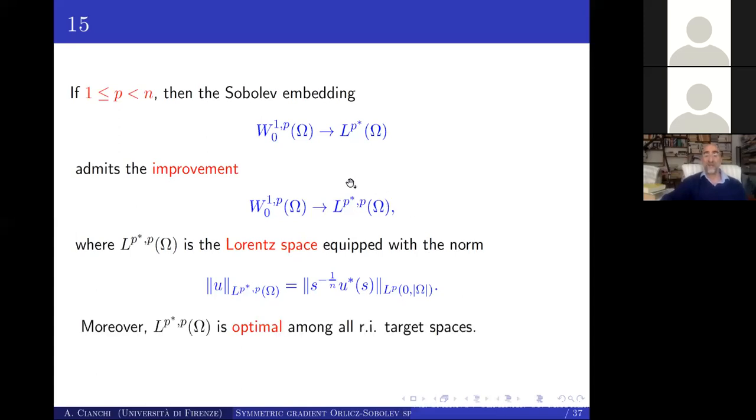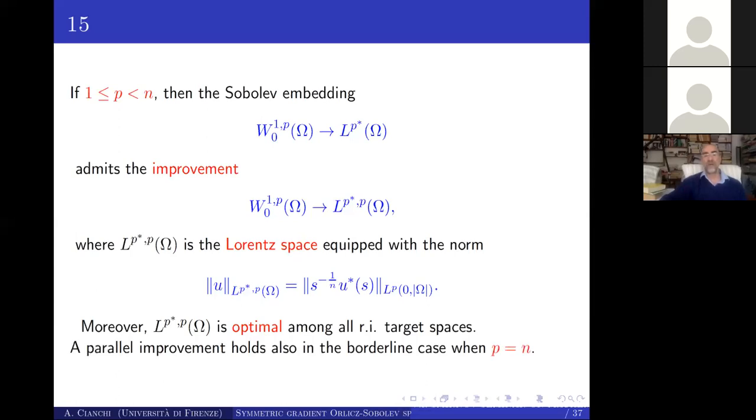And it turns out that now this embedding cannot be improved any more, at least if the target space is in the family of rearrangement invariant spaces. So this Lorentz space is optimal among all rearrangement invariant target spaces.